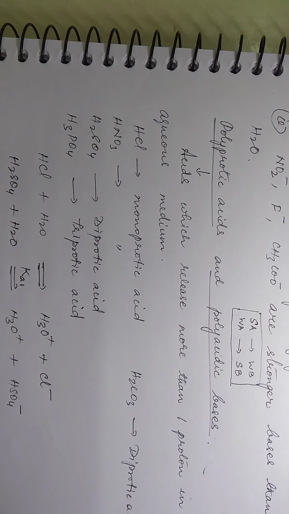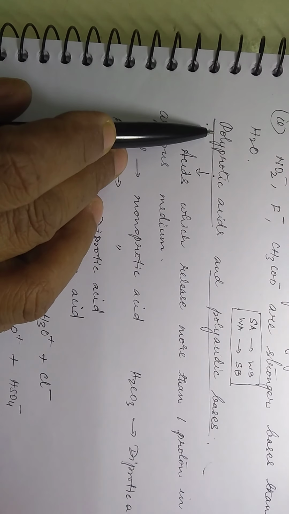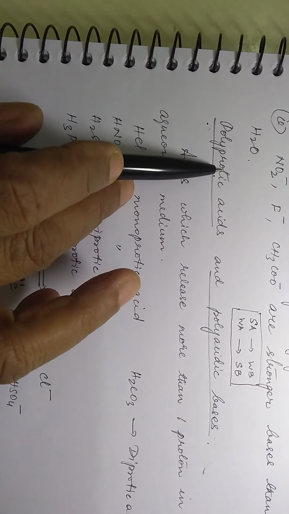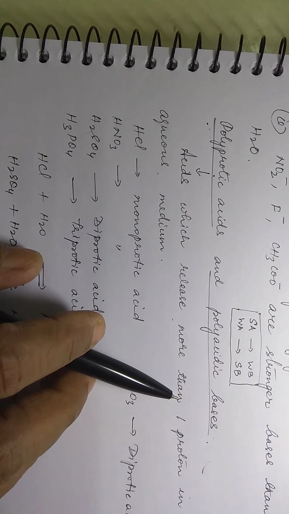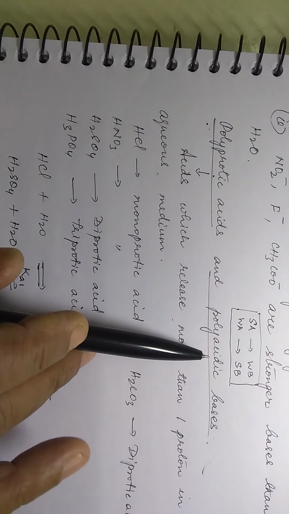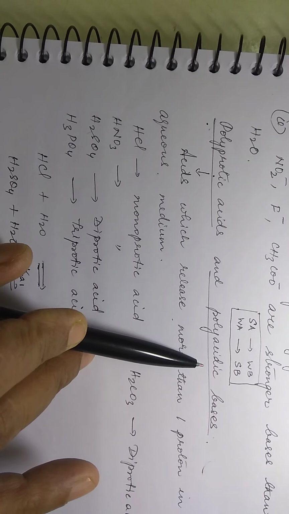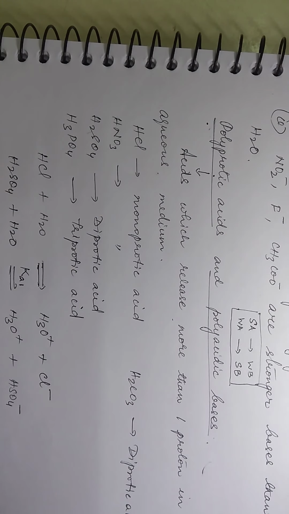Now what are polyprotic acids or polyacidic bases? Polyprotic. Poly means many. Protic means something related to proton. Now acids which release more than one proton, they are called polyprotic acids. Same way, which will release more than one OH minus ion, they are called polyacidic bases.